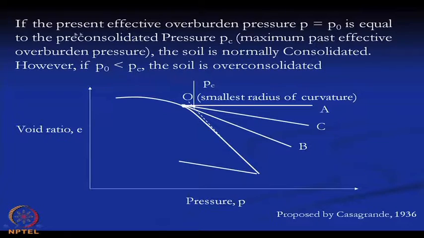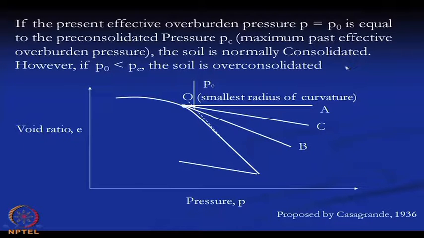So, this way we can determine the Pc, which is the maximum past effective overburden pressure. Now, if the present effective overburden pressure P0 is equal to the pre-consolidation pressure Pc, then the soil is called normally consolidated soil.